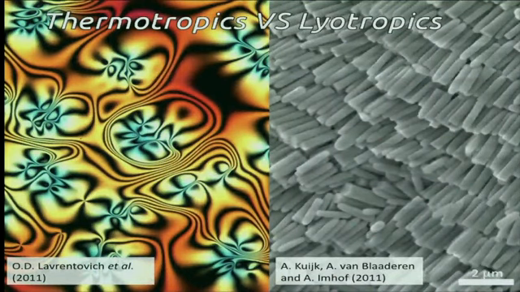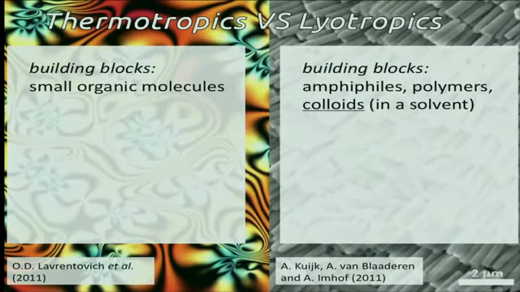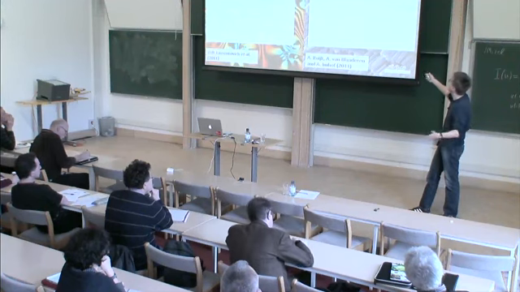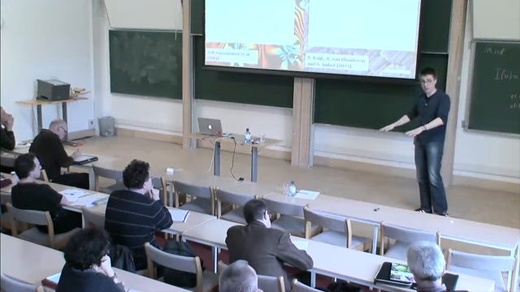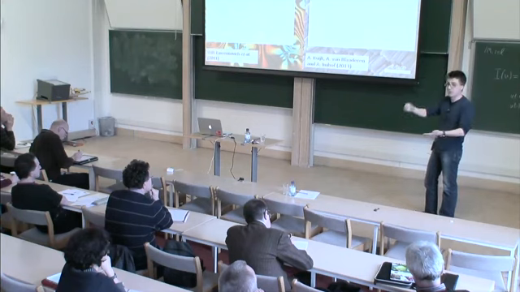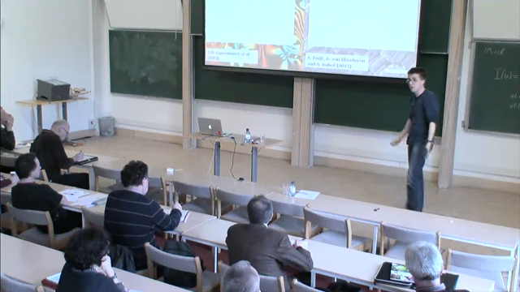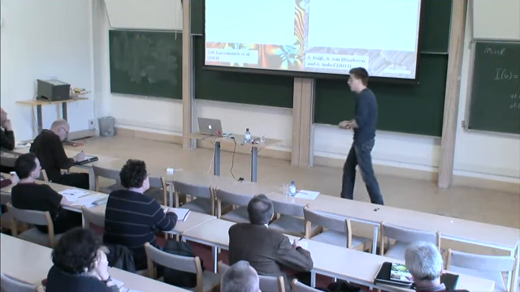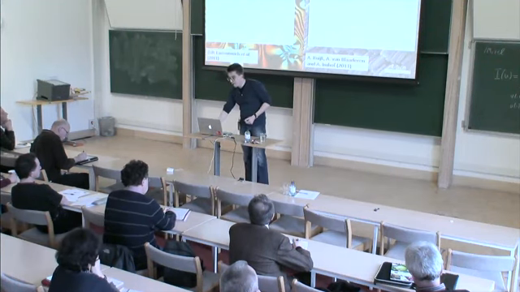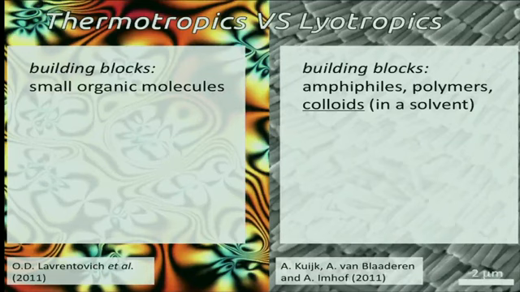The building blocks of thermotropics are small organic molecules, with size at most around a nanometer, whereas the building blocks of lyotropics are typically amphiphiles, polymers, or colloids, as in this talk, with a much bigger size up to the micrometer, and typically in a solvent.